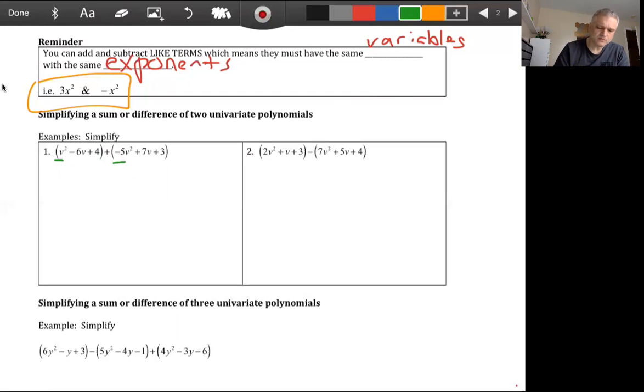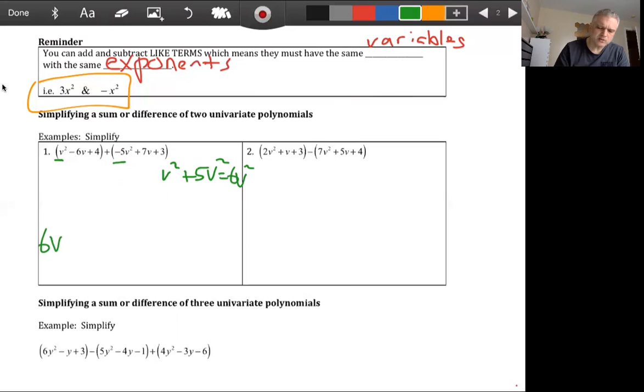So you have 1v squared plus 5v squared. You don't need to put that off to the side, but you should know that that is 6v squared. So my first term in my answer is going to be 6v squared.